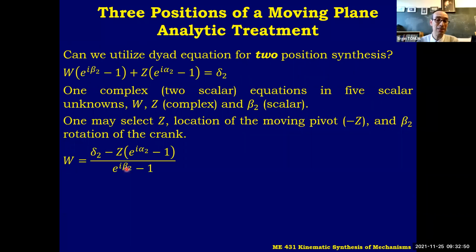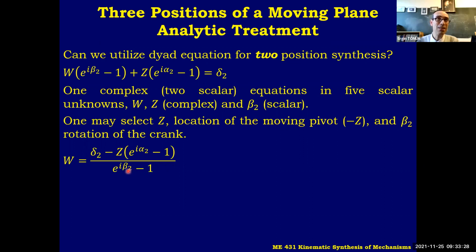Just remember the graphical 2-position analysis. We were selecting A arbitrarily on the plane, and A0 would be on the line. So 2 free parameters to select the location of A, 1 free parameter to select the location of A0. We had 3 free parameters. Same is true here. Z actually specifies the location of A, but this time we don't select A0 on a straight line.